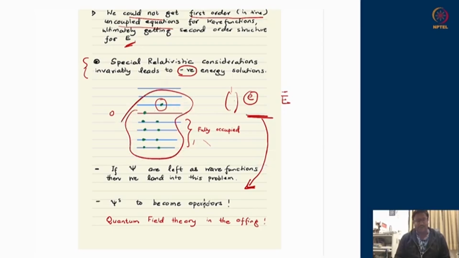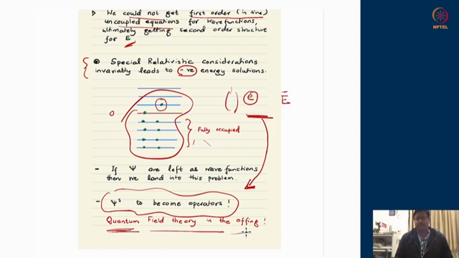It is not a theory of a single particle. If I try to enforce a single particle interpretation, we are led to either a multi-particle description or wave functions themselves becoming operators. All of this is hinting towards one possibility, which is that we have to let go of the quantum mechanical structure if we want to be truthful to special relativity, and therefore make these psi's into operators themselves.